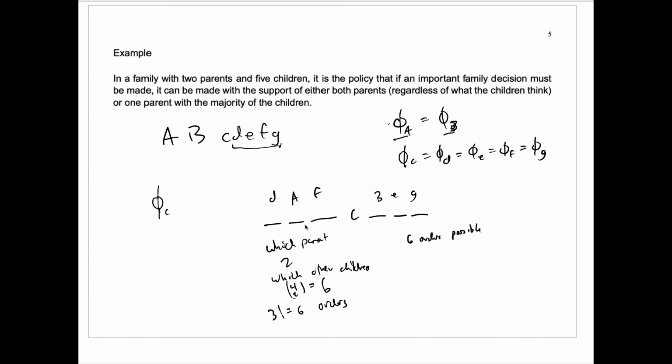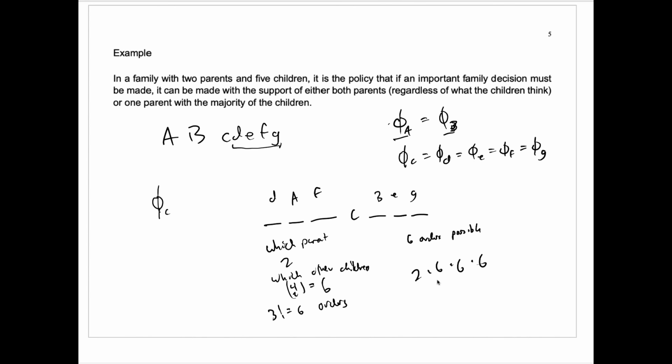So in order to pick a coalition that goes first 3 people, 1 parent and 2 children that don't include child C, then child C, then the other parent and the other 2 children, the total number of ways this can happen is 2 for which parent, times 6 for which of the other children go before C, times 6, which is the number of orderings, times 6, which is the number of orderings for the last 3 people.